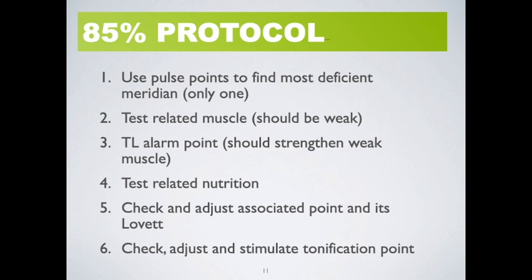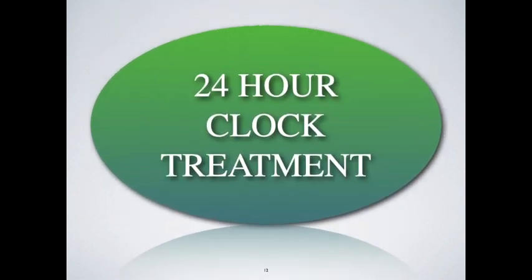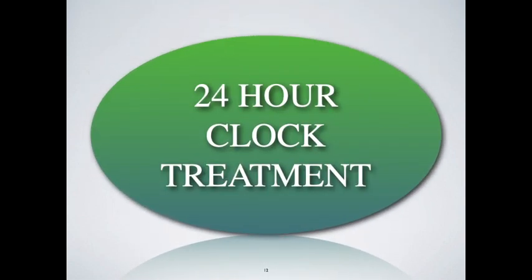And then after we find that, we adjust, and then we stimulate the tonification point. And then we go back, and that meridian shouldn't show on the pulse point at that point. Now next we're going to move into the 24-hour clock.